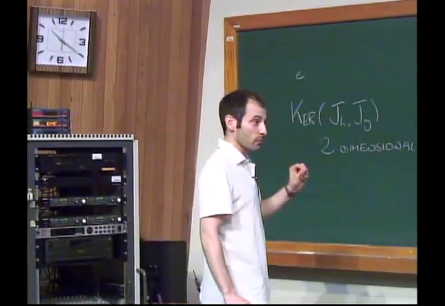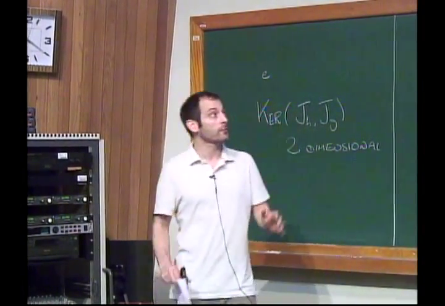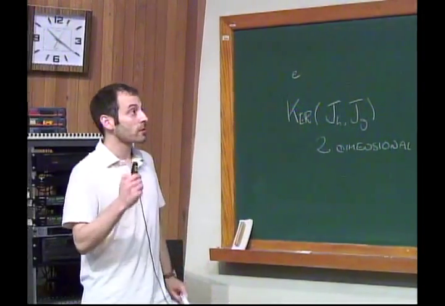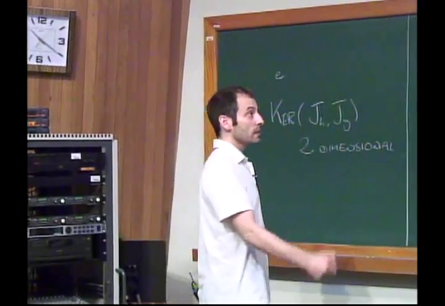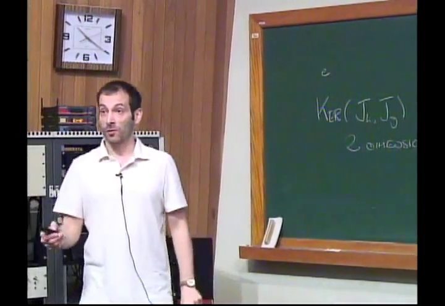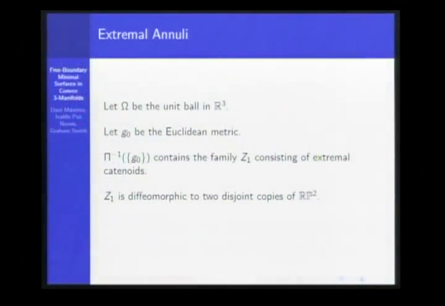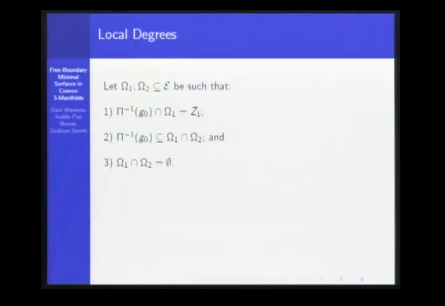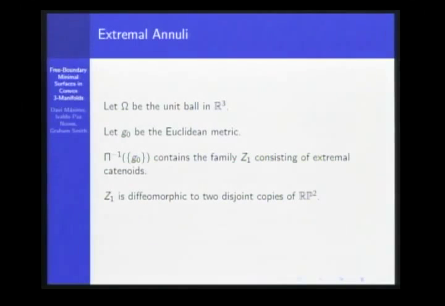And we can even count algebraically this number of free boundary minimal surfaces, and we can show that it's equal to the Euler characteristic of the moduli space of solutions. And we know that the moduli space of these solutions was two copies of RP2. So the Euler characteristic is equal to 2. Because RP1 has Euler characteristic 2.